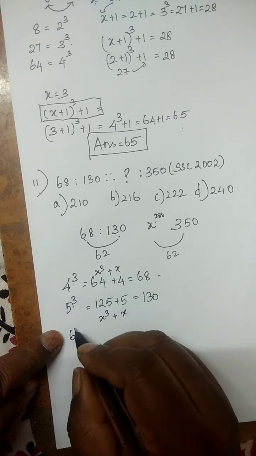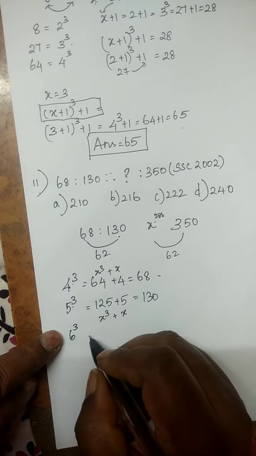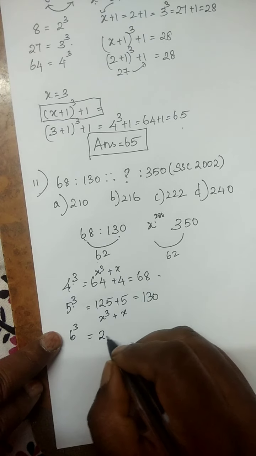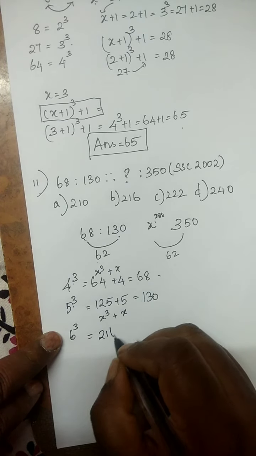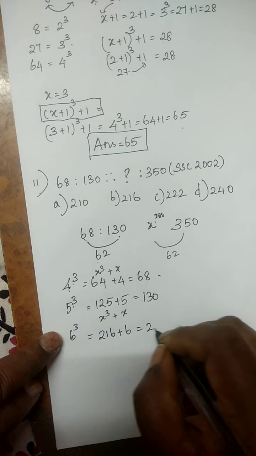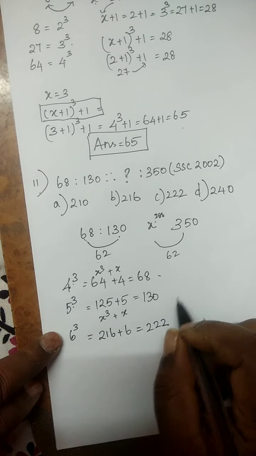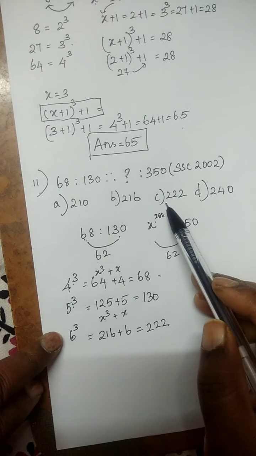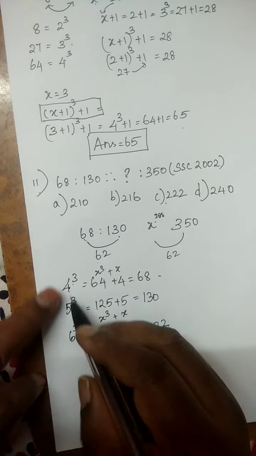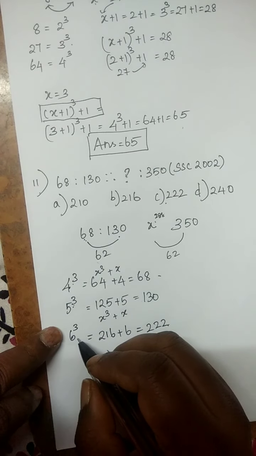Let's now test for number 6. 6 cube is 216 plus 6 gives 222. So here also the answer, but we have to check for 352. 4, 5, 6.